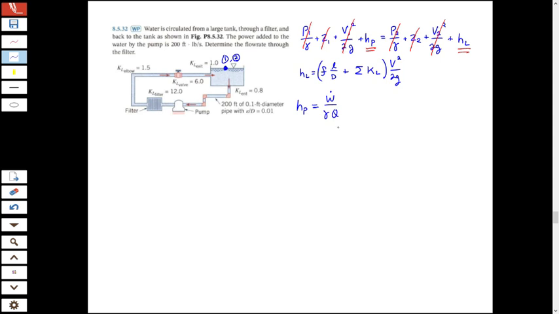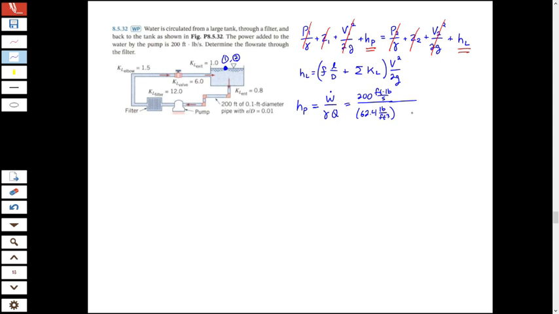So we're going to plug in 200 foot-pounds per second in the numerator. In the denominator, we'll have 62.4 pounds per cubic foot.